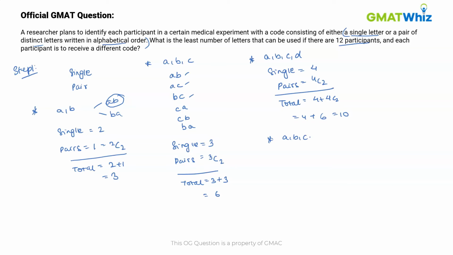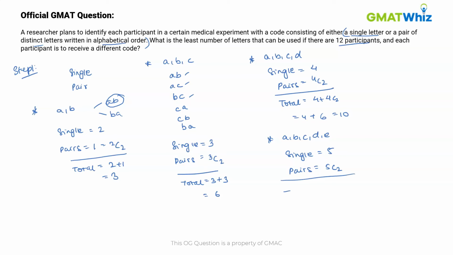Now if there are 5 letters, then the number of ways in which I can select these letters individually will be equal to 5. And in pairs such that they are written in alphabetical order will be equal to 5C2.